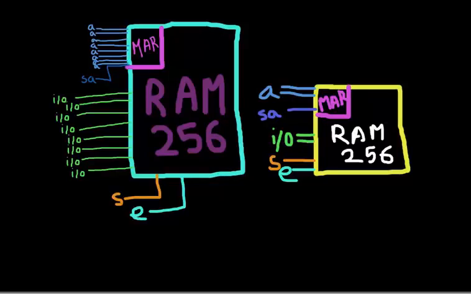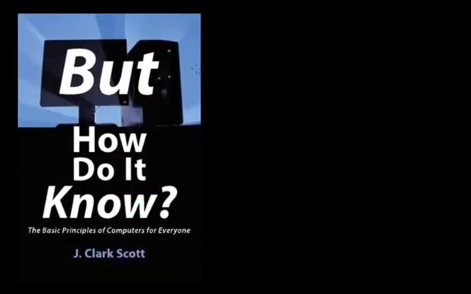I hope you learned how our RAM works. If you want to learn more about how a computer works, you can read this book called But How Do It Know, written by Clark Scott. All of this material I have been using is taking help from this wonderful book about how a computer actually works, and it is for everyone, so everyone will be able to understand its simple language.